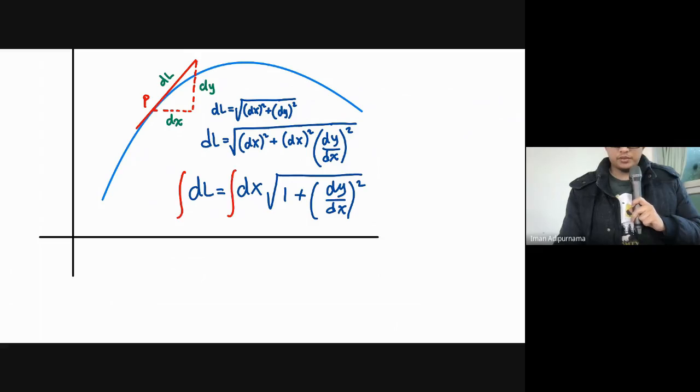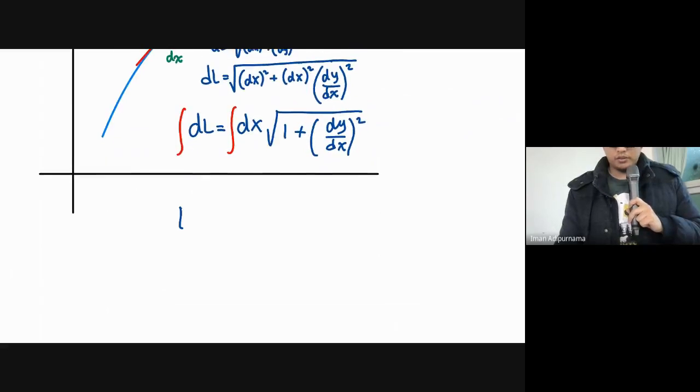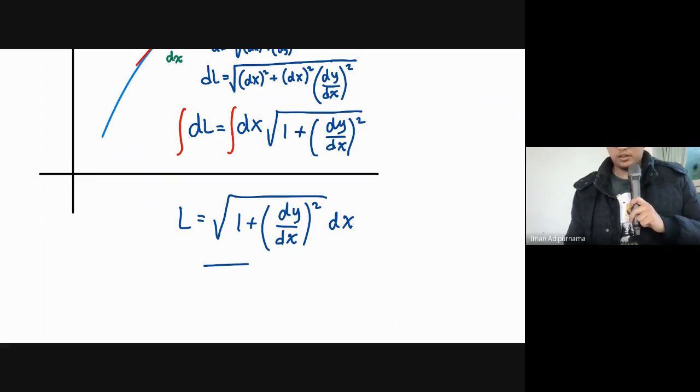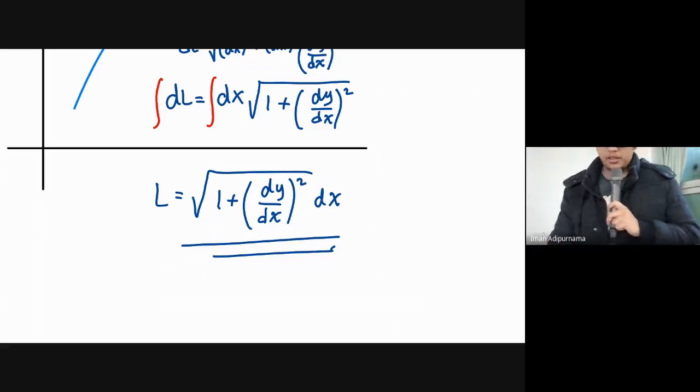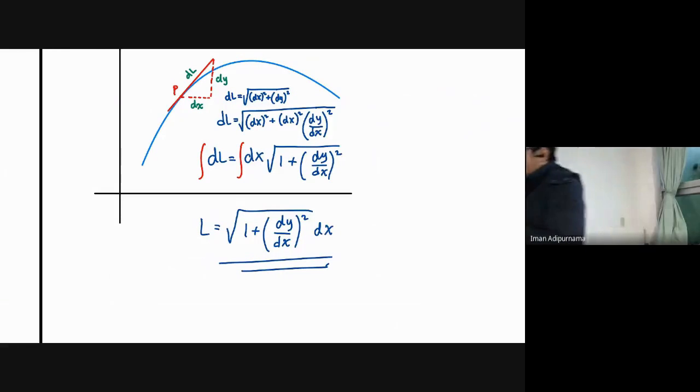And I will integrate both, so L will be, and it results in the same formula. For me personally, I suggest this way to remember how you get this formula. Imagine the tangent line. And why you need to integrate is because we need to add them all up. Oh, I forgot the integrations. Sorry.